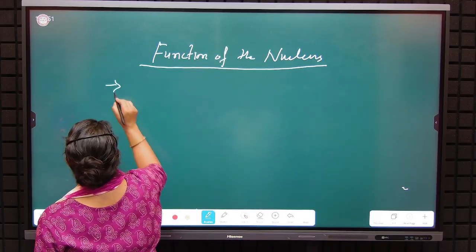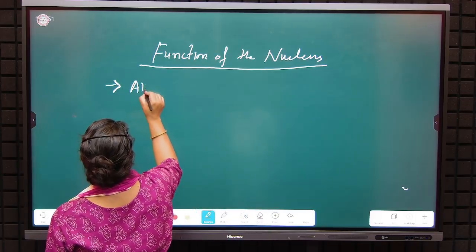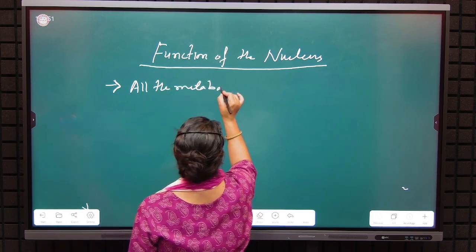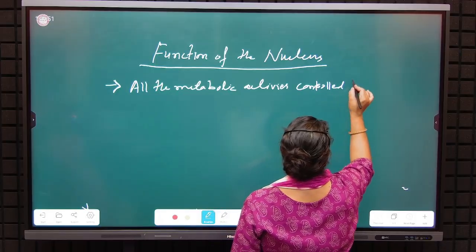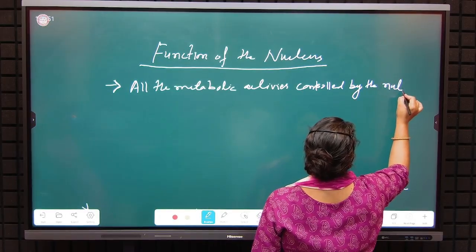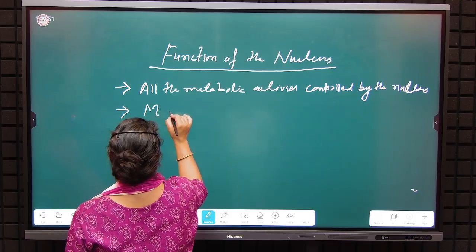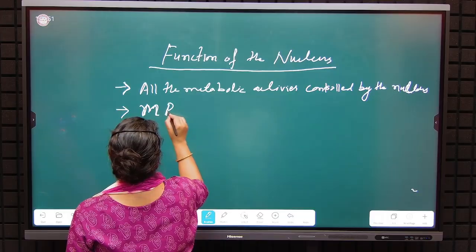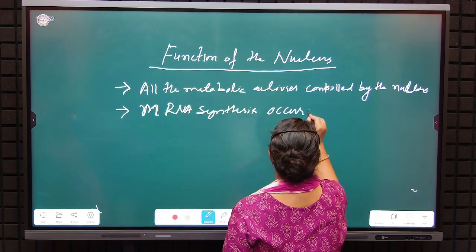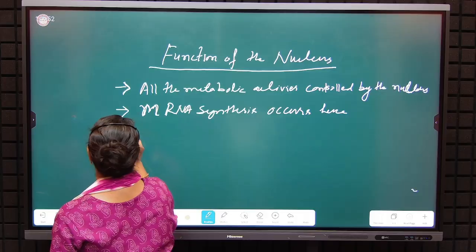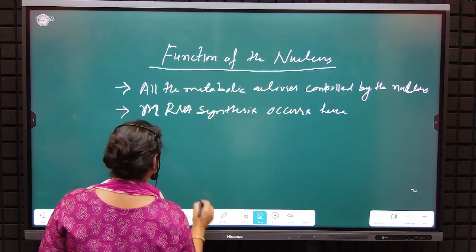Because it is known as the brain of the cell, all the cellular activity and metabolic activity is controlled by the nucleus. mRNA synthesis occurs here. The process is known as transcription.